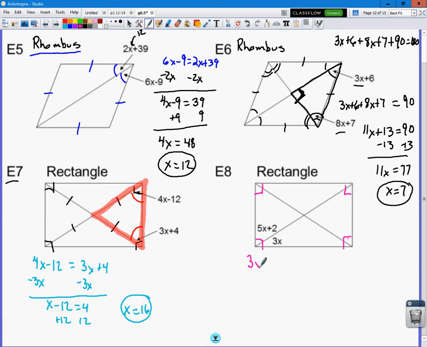I'm going to add them together and set them equal to 90 degrees, because the 2 of them have to add up to 90. So 3x and 5x is 8x, plus 2 equals 90. Subtracting 2, question?